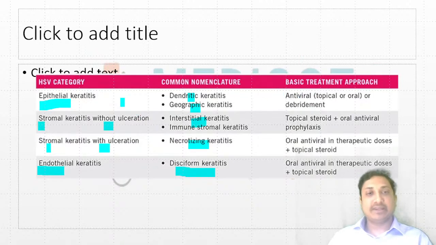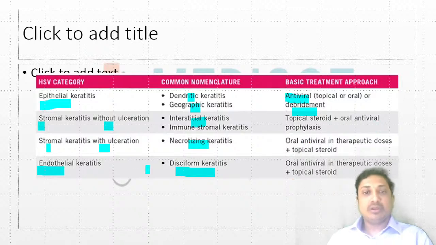It is epithelial keratitis. You don't use steroids for epithelial keratitis. So this is another MCQ which they will ask you. The treatment for epithelial keratitis will be antiviral drugs, topical or oral, along with debridement if you need to do it. While in stromal keratitis without ulceration, you can use topical steroids and oral antiviral prophylaxis.